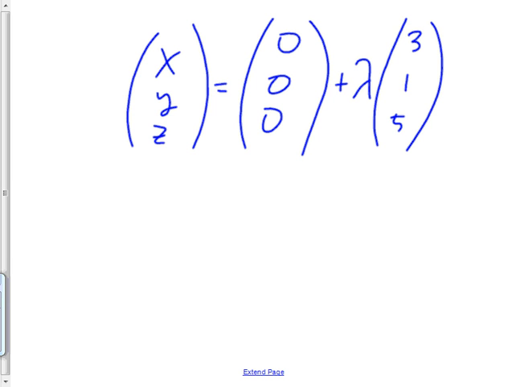Isn't that cool? Okay. 3 over, 1 up, 5 back. Oh, it's not back far enough. Can we imagine that it's 5 back? All right. Good enough. So generally, I know it's not quite back 5. It's like 4 back 3, but generally it looks something like this.